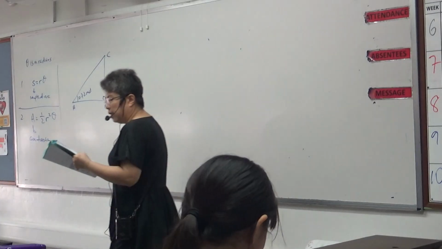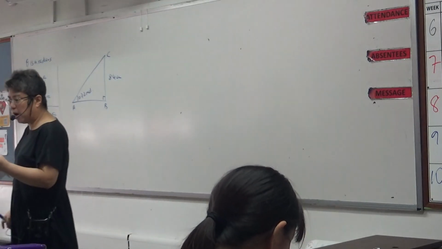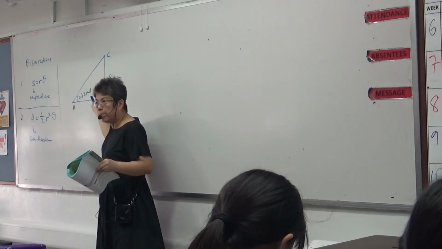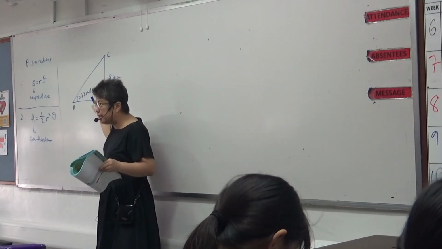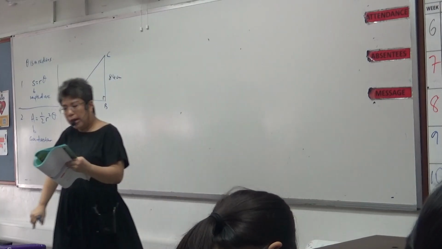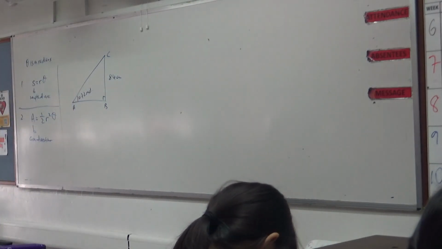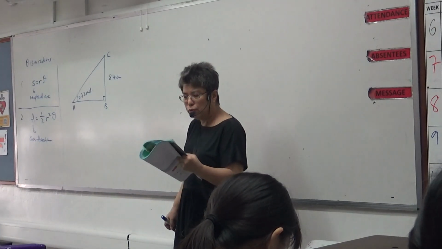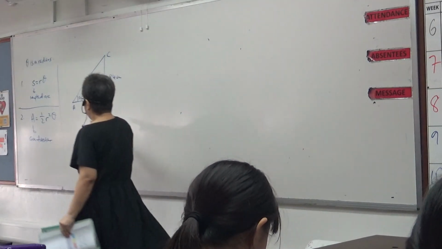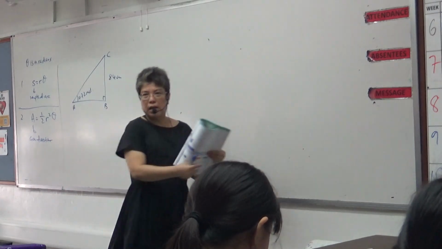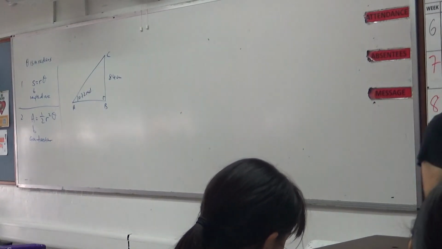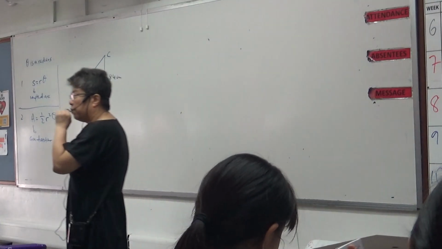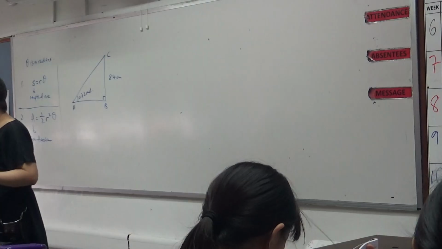In triangle ABC, the angle is 0.72 radians. Calculate the length of AB. Now can you see, this is actually trigonometry of a right-angled triangle, but it is in radians form and not in degrees form. Can everybody understand what I'm talking about?